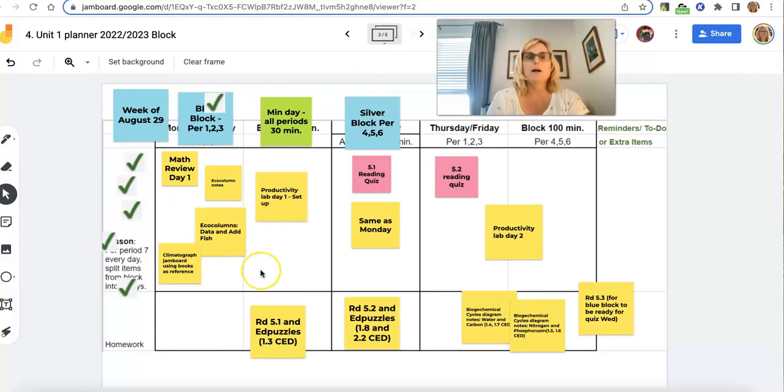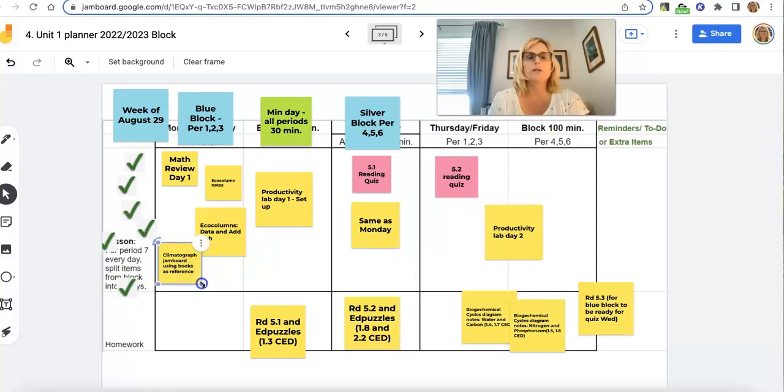And then this is a weird block schedule because of back to school night, so I had to put notes for myself up here that some of the blocks are switched. And there's a random check mark. And so then we're going to do eco columns again. I'm going to do a productivity lab setup here and the data here because it needs about a 48-hour incubation period. 72 is okay as well.